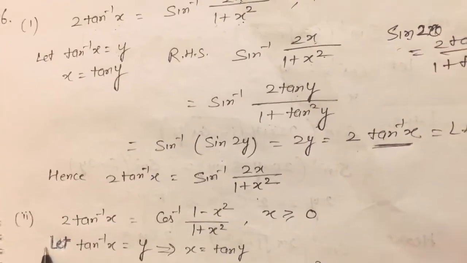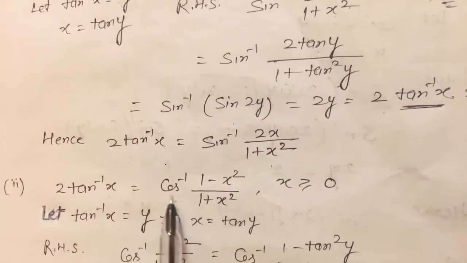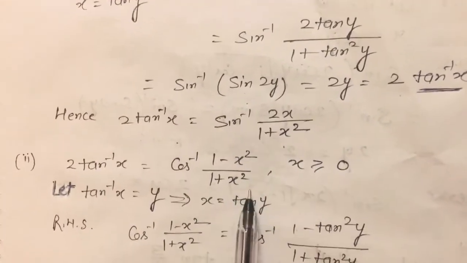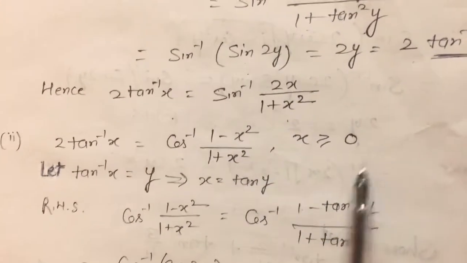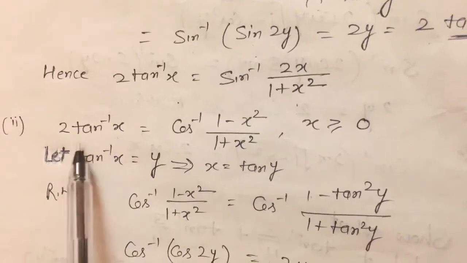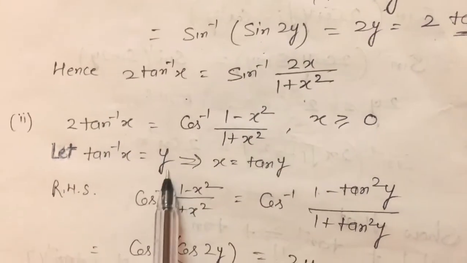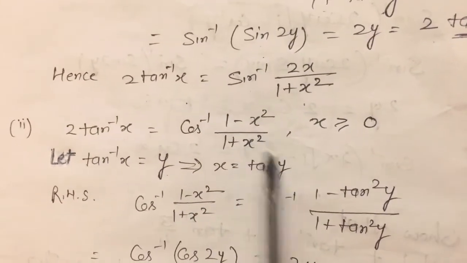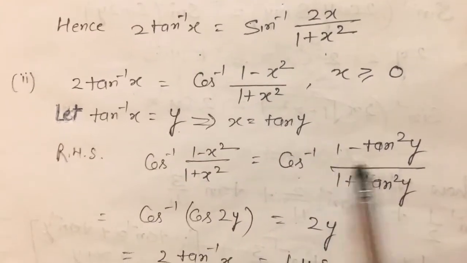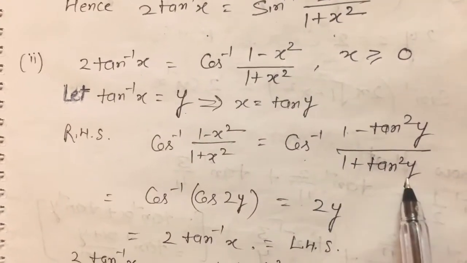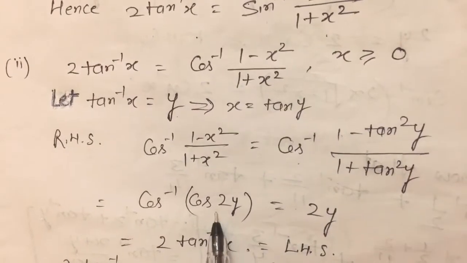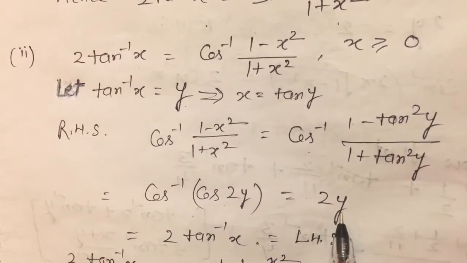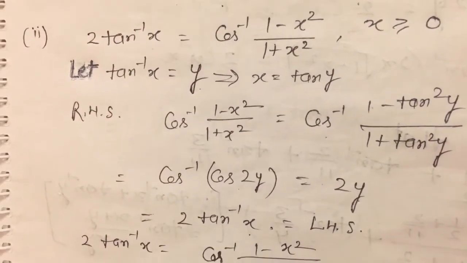In a similar way we can prove 2 tangent inverse x is equal to cos inverse 1 minus x square upon 1 plus x square. Here x is greater than or equal to 0. In this, take tangent inverse x as y, same. We will put it in this because we know that the formula of 1 minus tangent square upon 1 plus tangent square is cos 2y, and it will be 2y, and y is tangent inverse x.